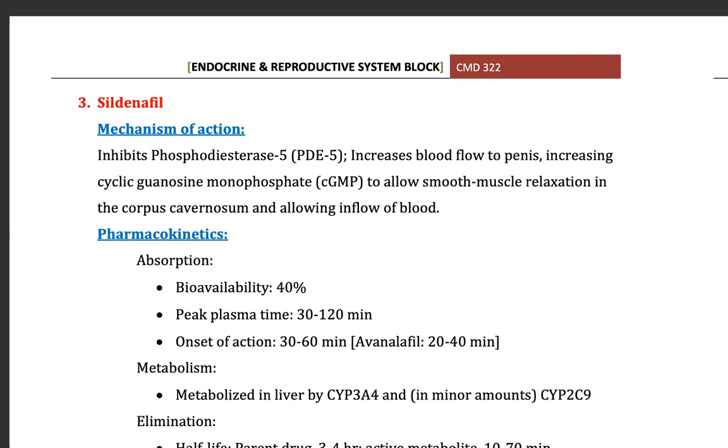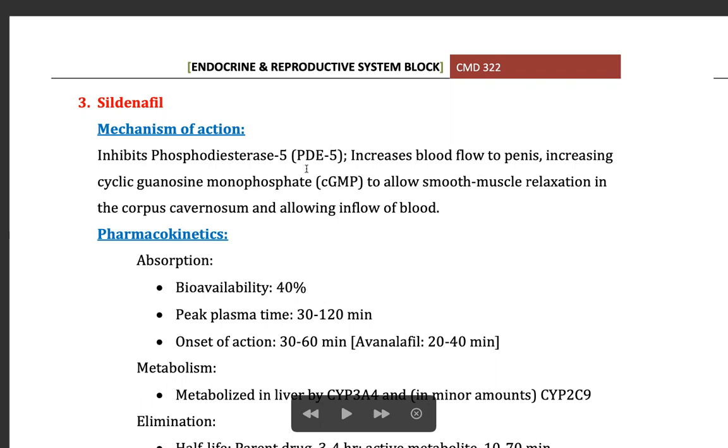So, in summary, sildenafil increases the blood flow to the penis through inhibition of the phosphodiesterase 5 enzyme.